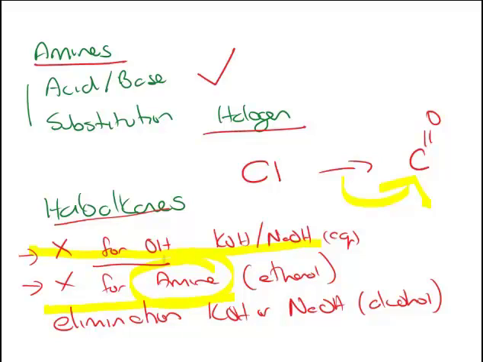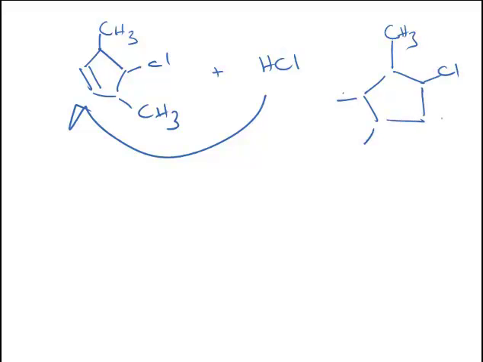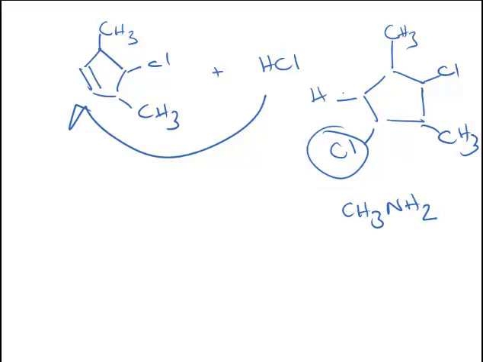So if we have that, and obviously one of the reactants there is HCl, if we were to do this and add HCl, that would add across this, and we would get as one of the products the chloroalkane. And then we could obviously swap that with the CH3NH2.